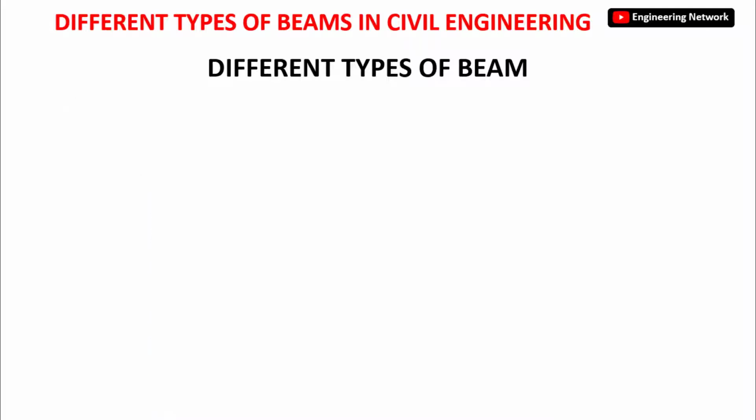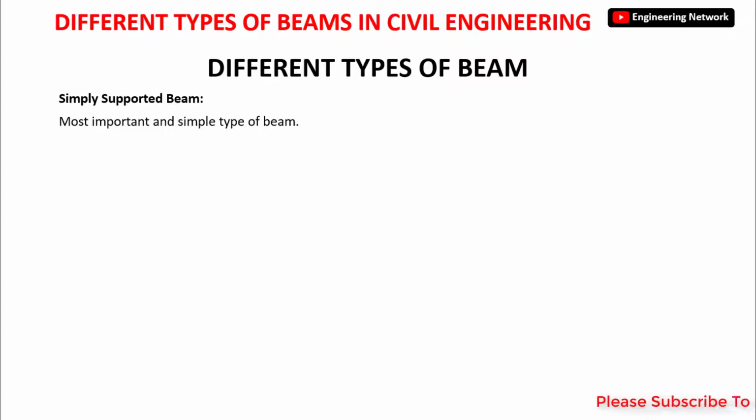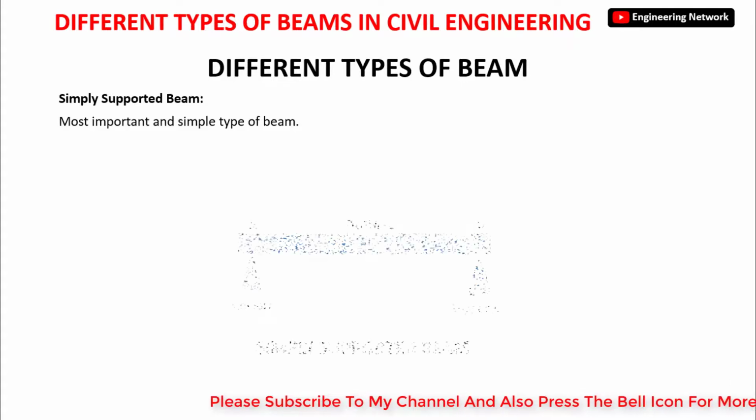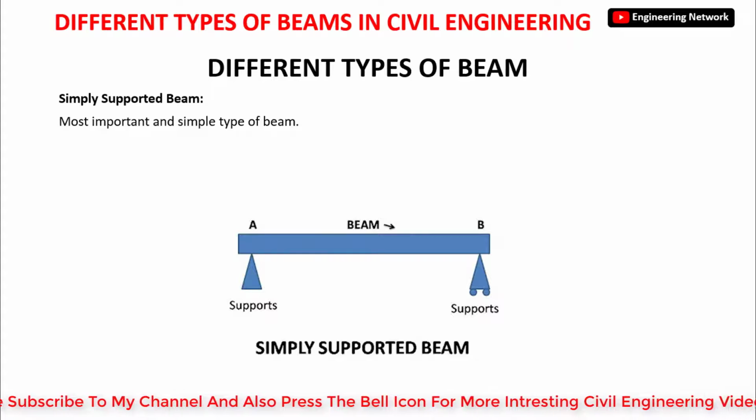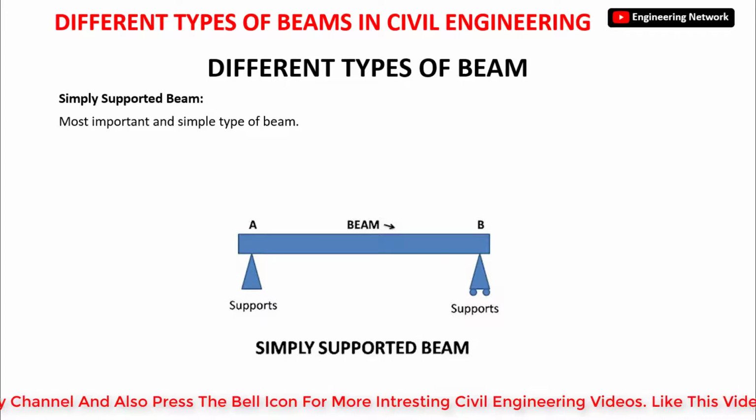Fourth type of beam is simply supported beam. Now simply supported beams are one of the most important and simple types of beam. As you can see on your screen, such types of beams are supported on both ends, right?